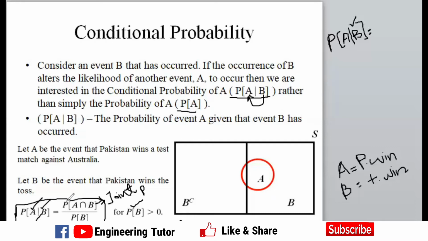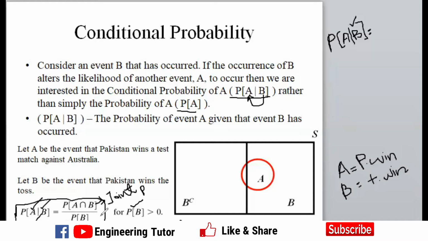What is the joint probability? That would be intersection. Wherever intersection comes, it means and. Union means or, intersection means and. Just like I have told you guys in DLD that the AND gate is always used as an alternate of multiplication in digital logic, and the OR gate is used as an alternate of addition in digital logic or in Boolean algebra.